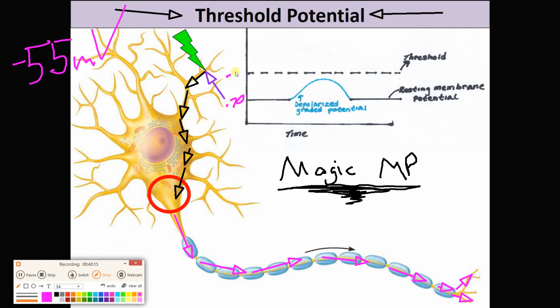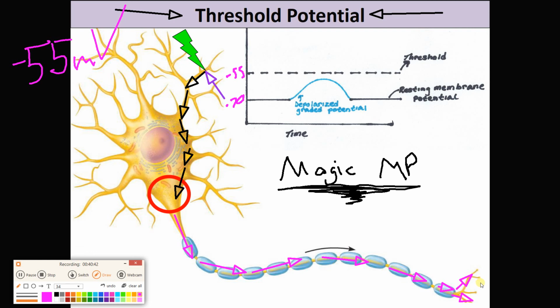Question is, will it get to negative 55? If it doesn't get there, like in this example here, guess what happens? Nothing. Nothing happens. The signal dies right here. If it does get to that magic number, then we get an electrical signal that travels all the way down the axon and prompts the release of neurotransmitters.